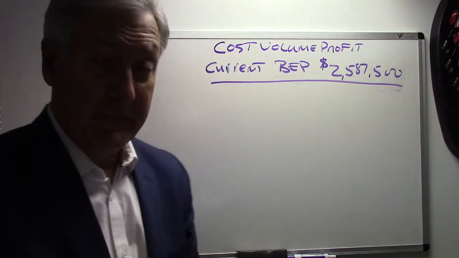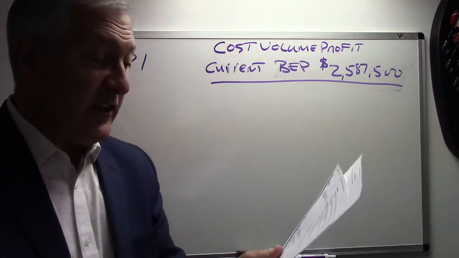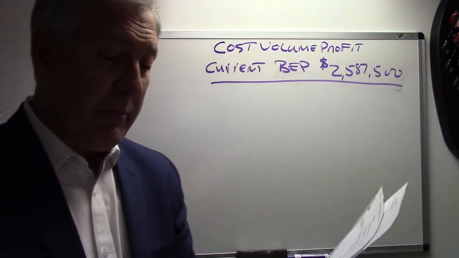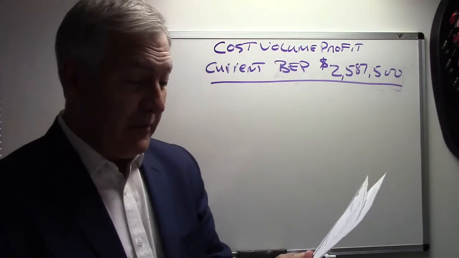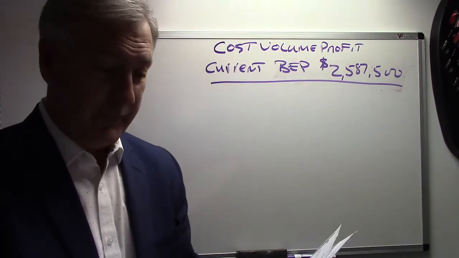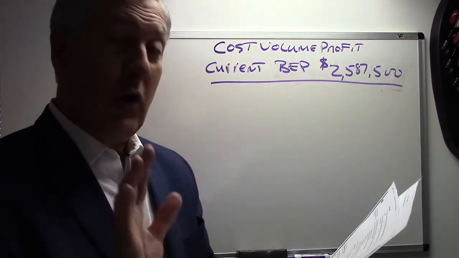So item C says they would purchase new high-tech factory machinery that will change the proportion between variable and fixed cost of goods sold to 50-50.